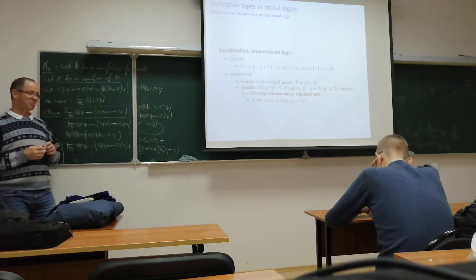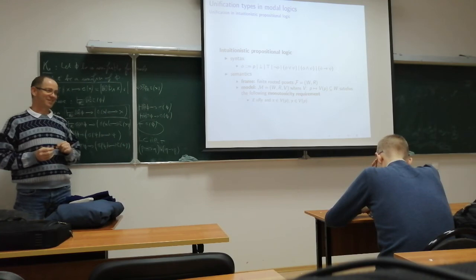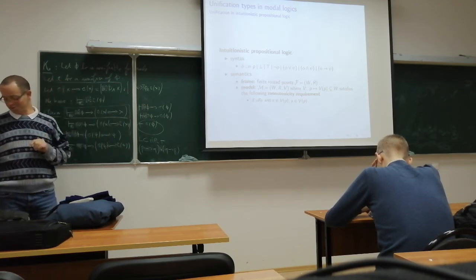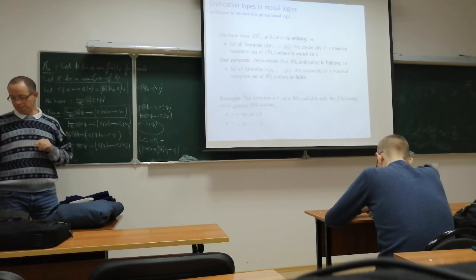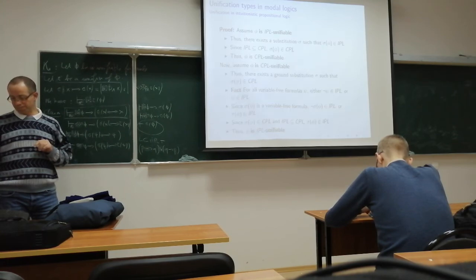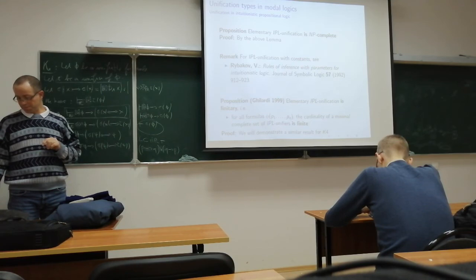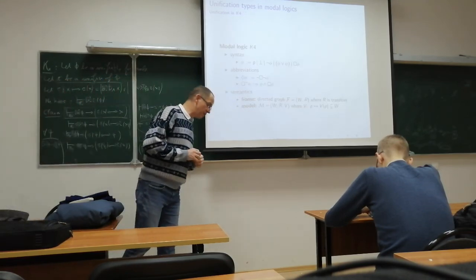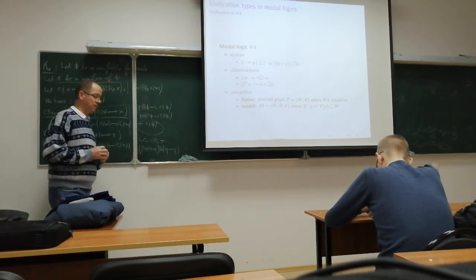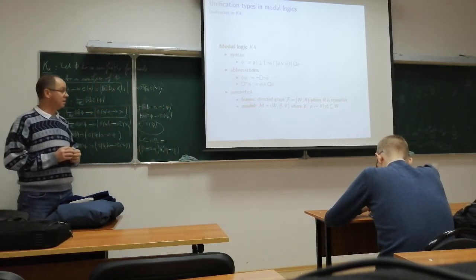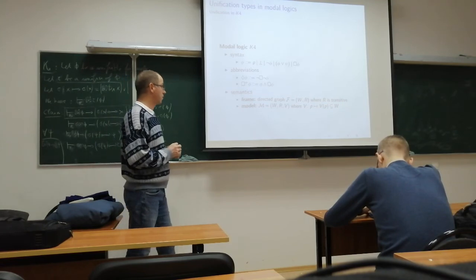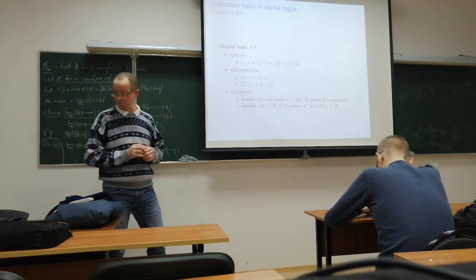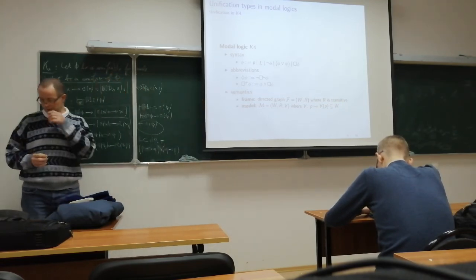So I will try to prove this one. Let me try. I'm not sure it will work. We will consider K4. I will sketch the proof of Silvio Ghilardi showing that K4 is finitary for elementary unification and unification with parameters.